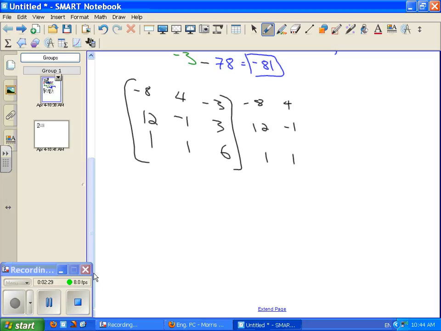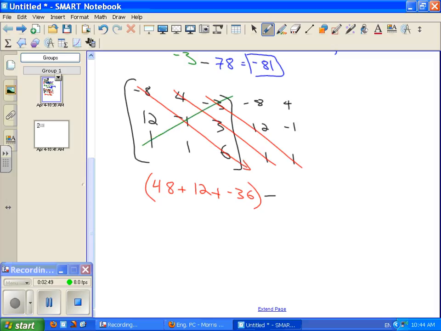I go down diagonals. All right, so negative 8 times negative 1 times 6. Positive 48 plus 12 plus negative 36 minus my up diagonals. 3 plus negative 24 plus 288. Yikes.